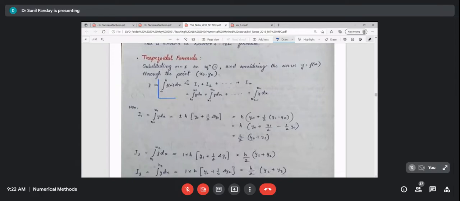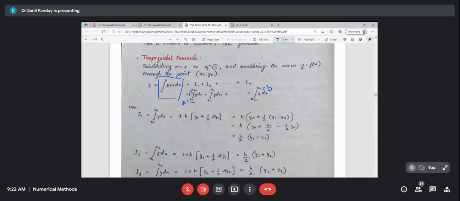First we have the definite integral from a to b, and we write it as a sum of sub-integrals: x naught to x1, then x1 to x2, and so on up to xn minus 1 to xn.